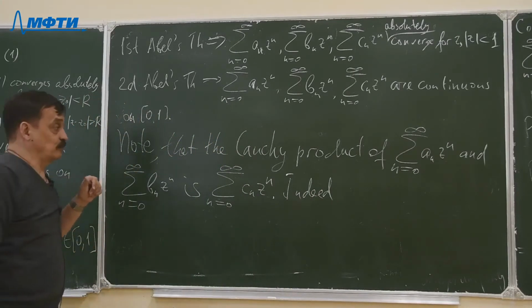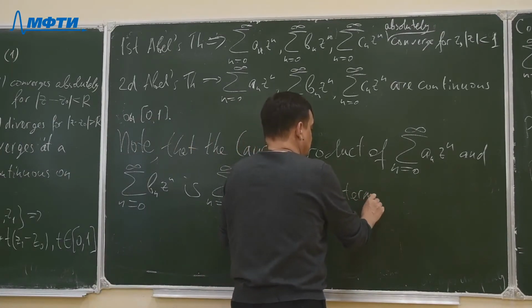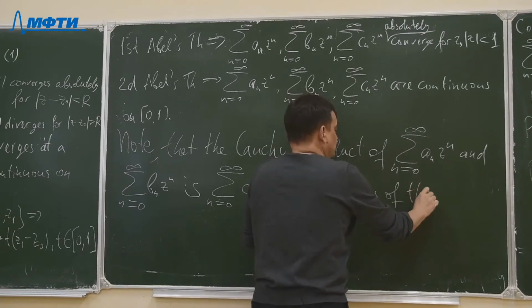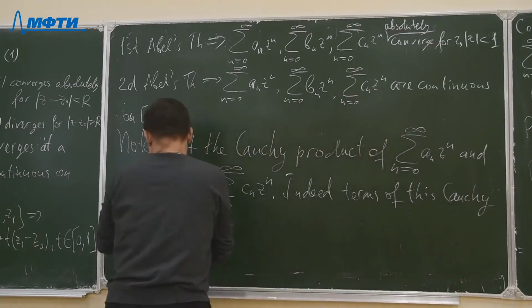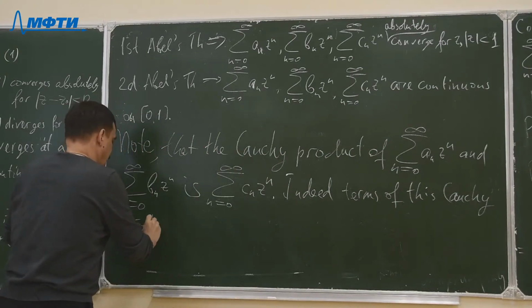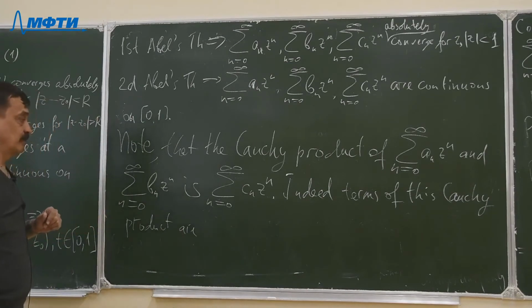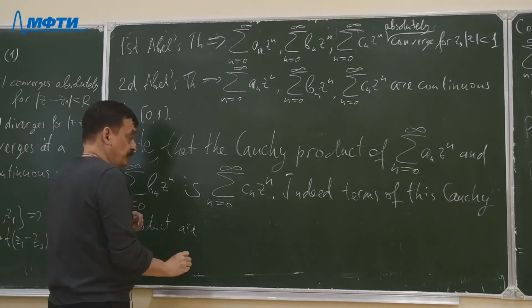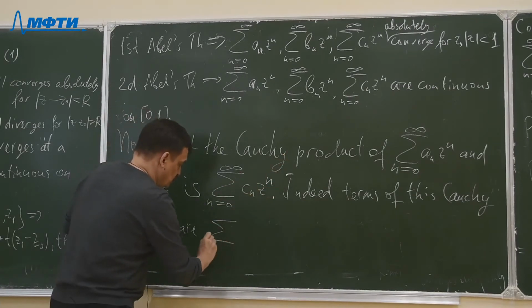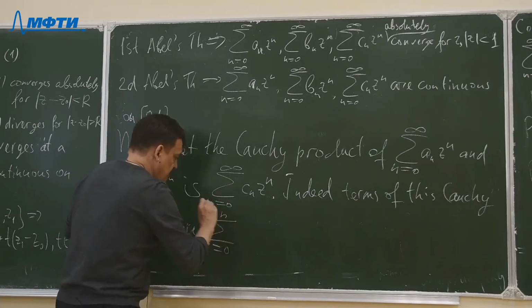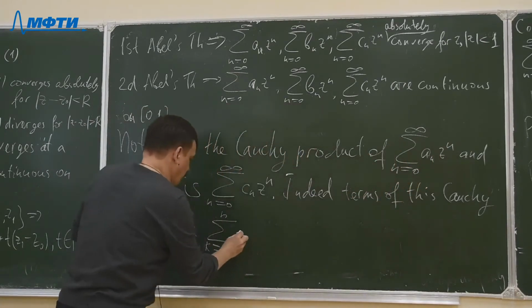Terms of this Cauchy product, what are they? What are the terms of this Cauchy product? I should sum up all terms with the same sum of indices.